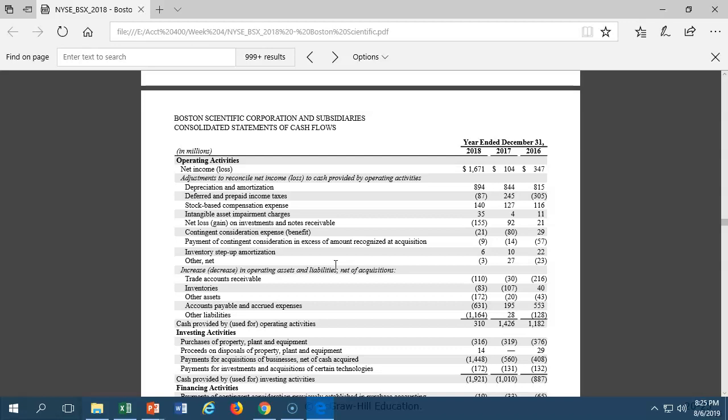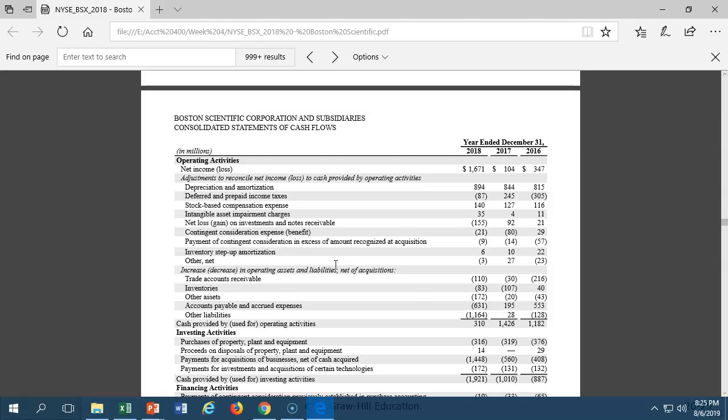So what this is telling me is there was either accounts payable or accrued expenses that had to be adjusted, that they paid. They could potentially have accrued a lot of expenses on account and they're just now paying it off. So that might just be something to research.